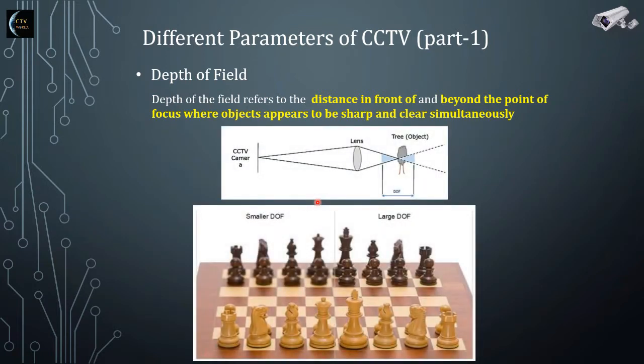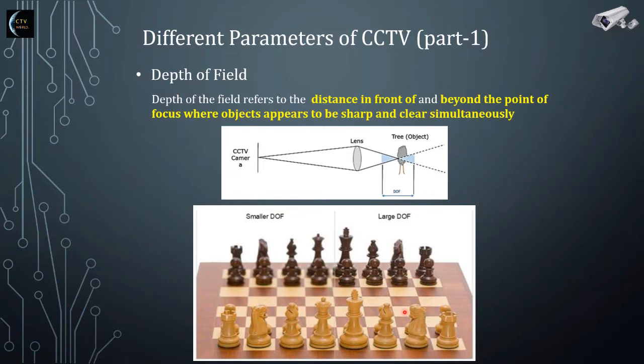In image 1, the focus is on the white chess pieces, hence the black pieces are not clearly visible. Hence for image 1, we have a smaller depth of field, whereas in image 2, the focus is on the white pieces, but we can also see the black pieces very clearly.